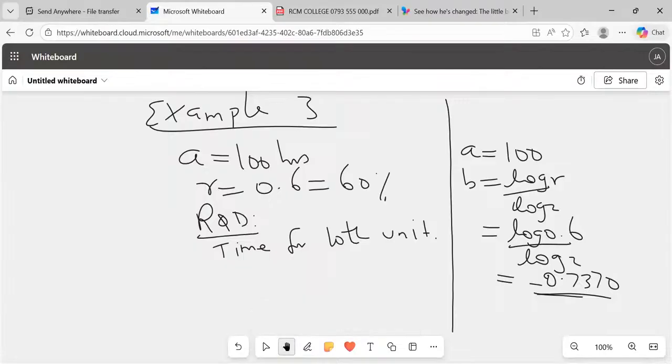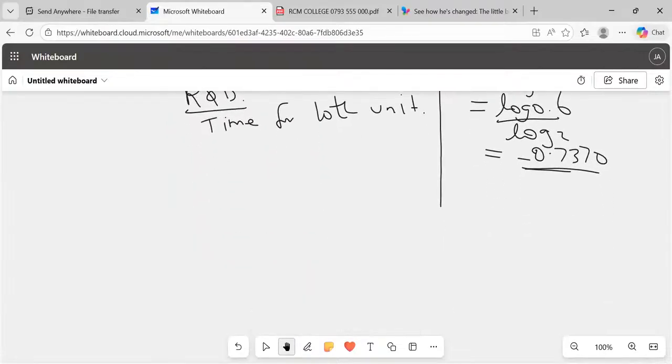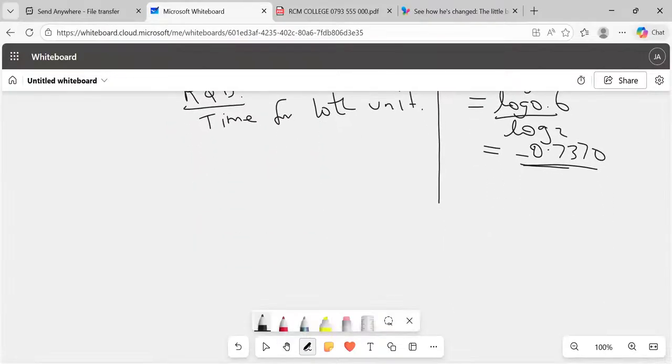Once I get this, I will be able to come here and provide the index. Remember, the formula is the same. We know that our y should be equal to ax raised to b plus 1, for getting total time. Before I go there, I should get b plus 1.